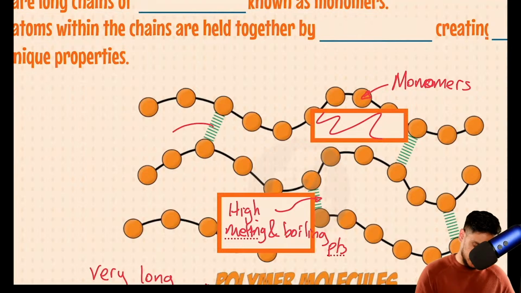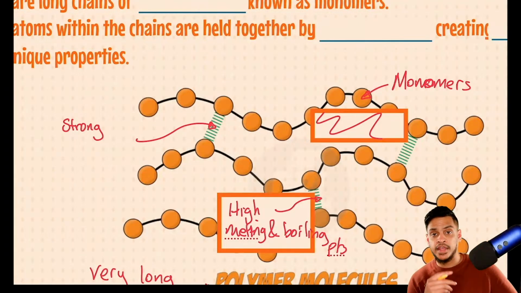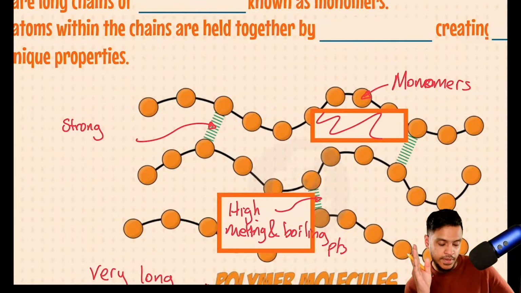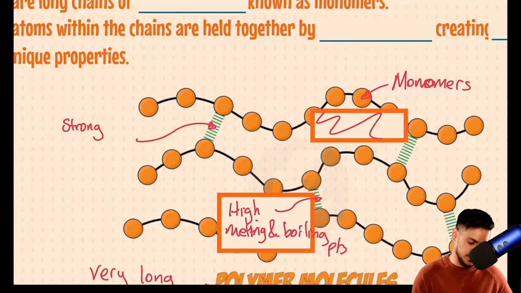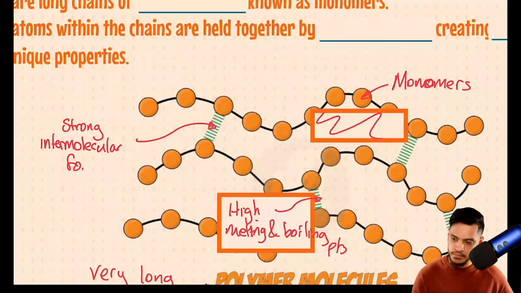Here we'll write strong intermolecular forces. Compared to covalent bonds, they're weak. Intermolecular forces are weak compared to covalent bonds, but relative to other molecular substances, these ones are very strong. So we're going to say they're strong intermolecular forces.